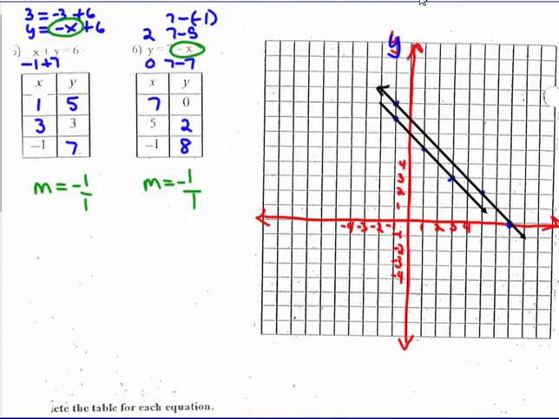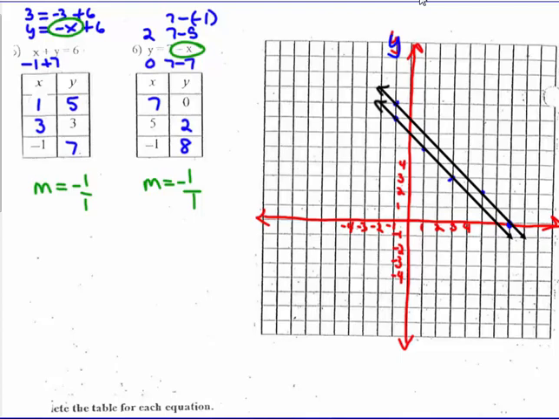Then you can probably see that lines that have that same rate of change, that same slope, are parallel. So that's a key thing to know. Same slope lines, linear equations, will be parallel lines.